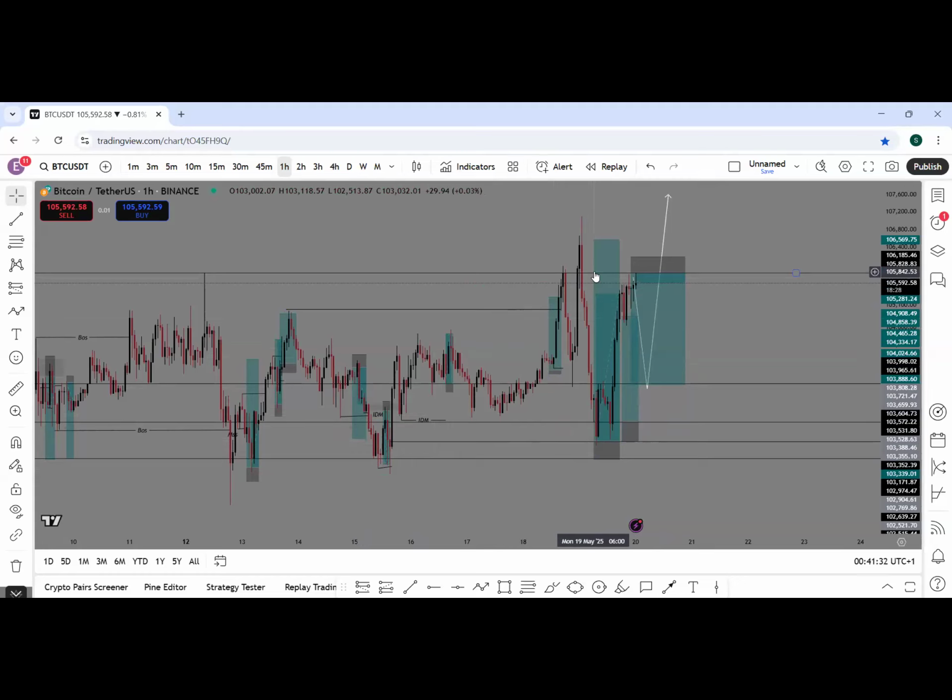Now if I'm to do a sell from here, I'm supposed to look for what we need first, which is inducement. It looks like from what I've marked so far, it's only the other block that I marked.